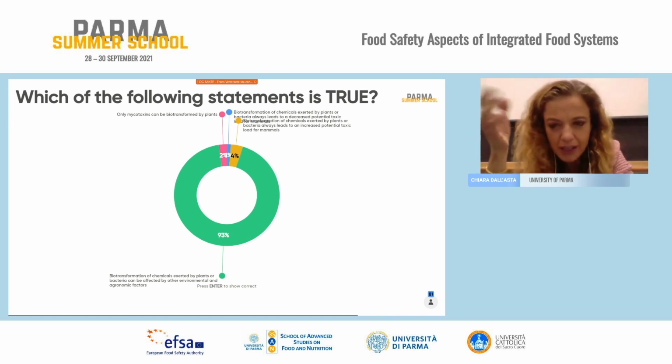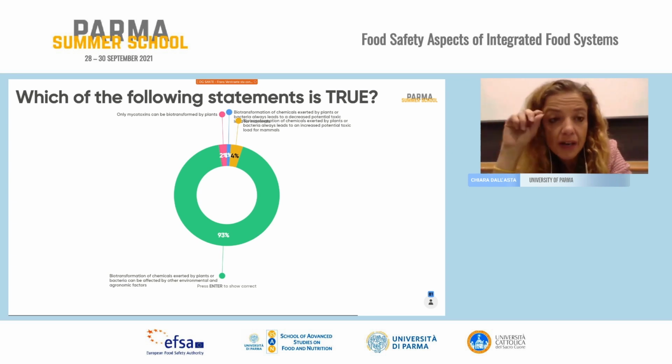I just want to say that, for instance, 4% of people, so two or three people, selected the one that says biotransformation of chemicals exerted by plants or bacteria always leads to an increase of potential toxic load for mammals. It's not that way. The overall sum of the chemical is the same.